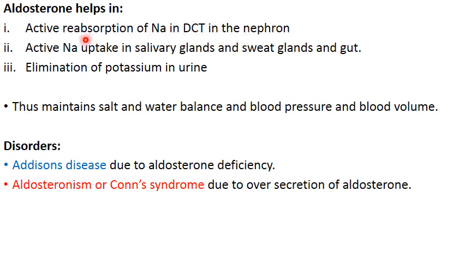Along with this, active uptake of sodium कहाँ से? Salivary gland से, sweat से sodium भीतर लाया जाएगा, and from the alimentary canal or the gut. और जितना sodium का uptake होगा उतना potassium will be eliminated in the urine.